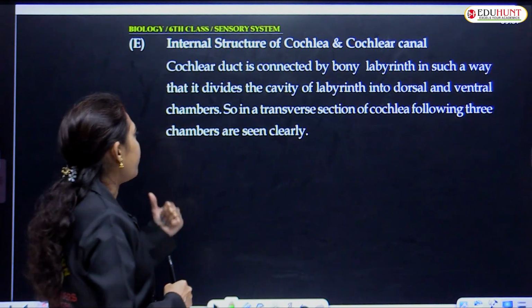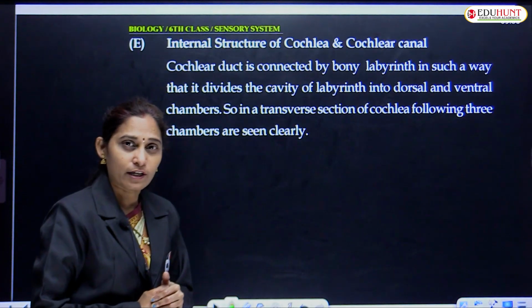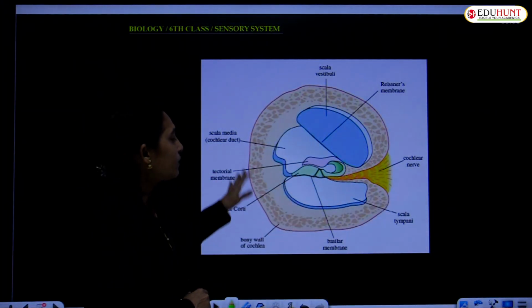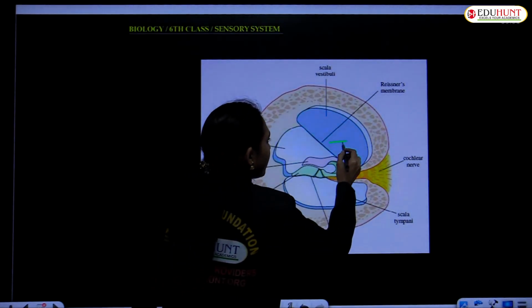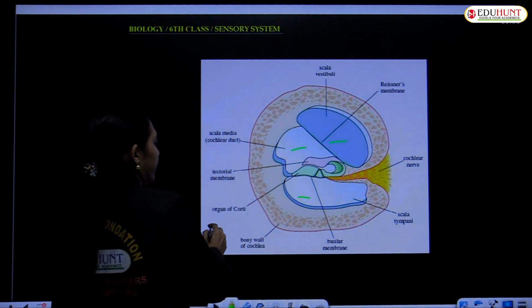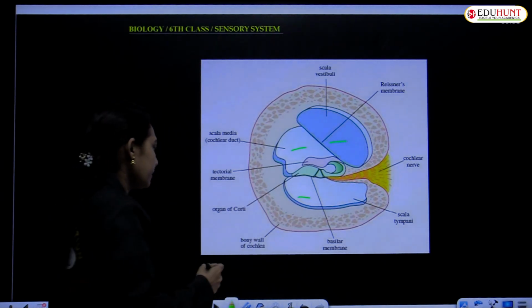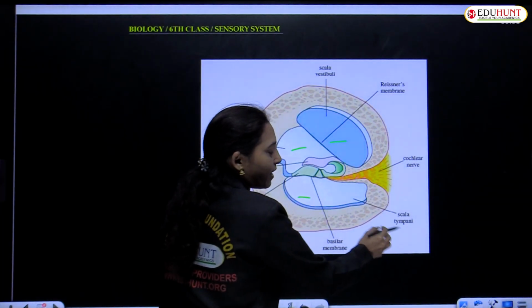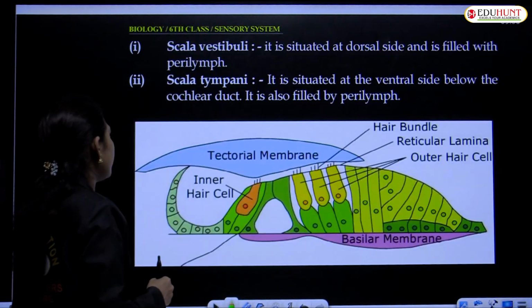So in our transverse section of the cochlea, the following three chambers are seen. You can see here a chamber and the cochlear duct, and the organ of Corti, which is the organ of hearing, and the bony wall of the cochlea, the basilar membrane, and the scala tympani. These are the various structures of the internal cochlear region.